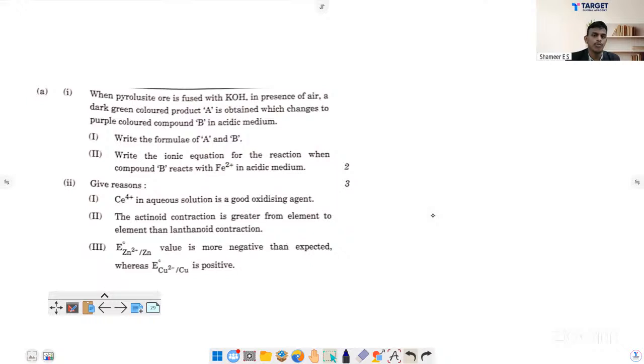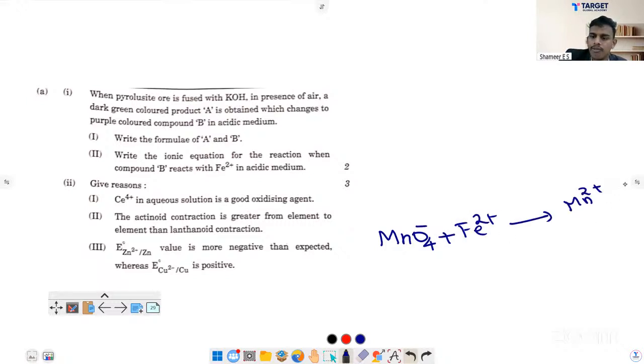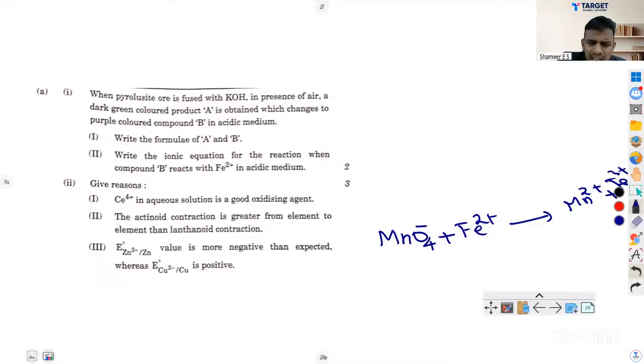First one K2MnO4, second one KMnO4. Write the ionic equation for the reaction when compound B reacts with Fe2+. MnO4 is a good oxidizing agent. MnO4- plus Fe2+, you will get Mn2+ and Fe3+. Then balancing is required, just do it.